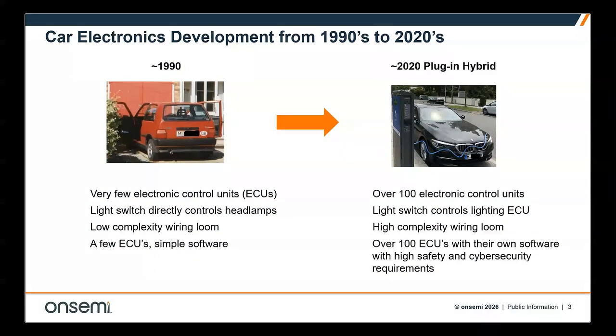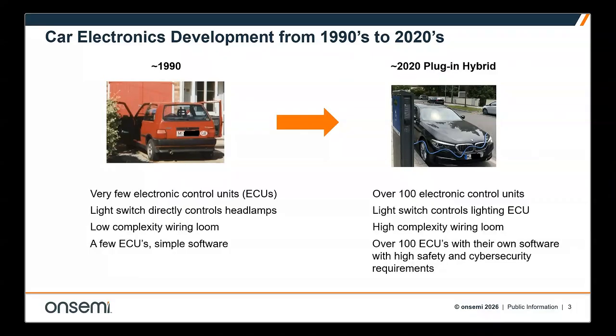These slides capture just how much car electronics have changed in around three decades. Back in the 1990s, a vehicle had very few electronic control units, very limited software, and a low-complexity wiring loom. A light switch was wired more or less directly to the headlamps, for example. Fast forward to a 2020s plug-in hybrid, and you have over 100 ECUs, each running its own software, a far more complex wiring loom, and the same light switch now talks through a dedicated lighting ECU.